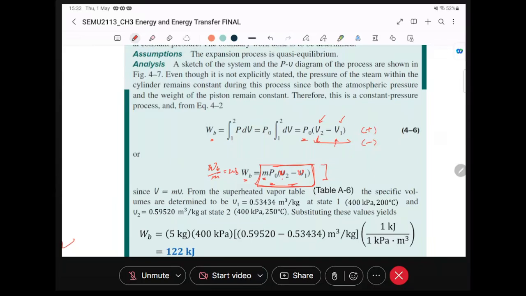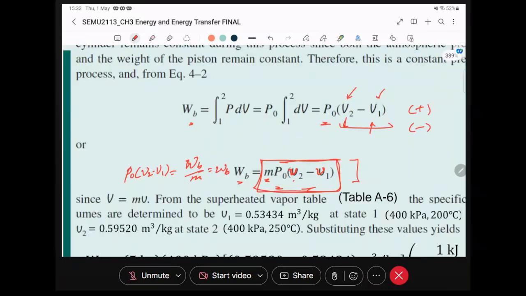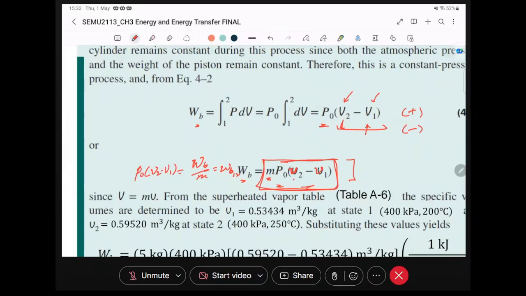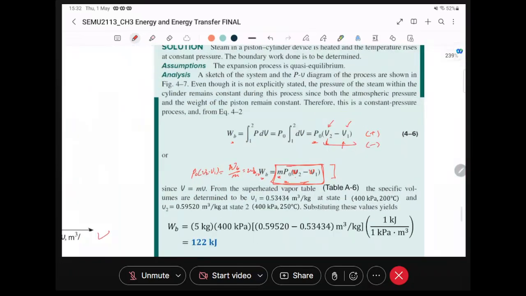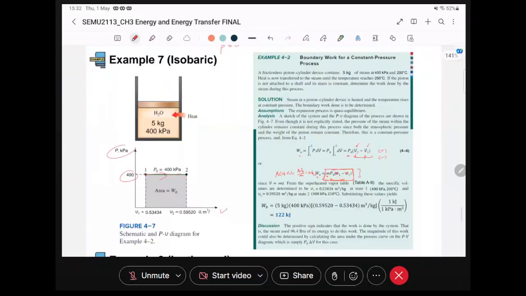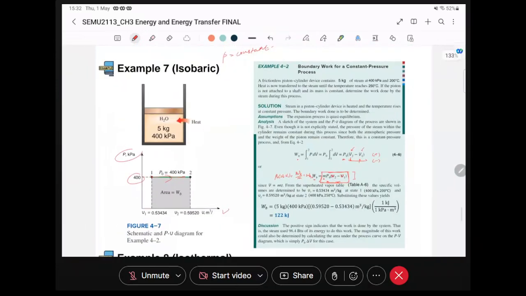So then that will become v2 minus v1. Okay, so really this B, we should write as 1, 2. Sorry, 1, 2. The boundary work from state 1 to state 2. That's how usually we write it. Okay, so this is isobaric constant pressure process.